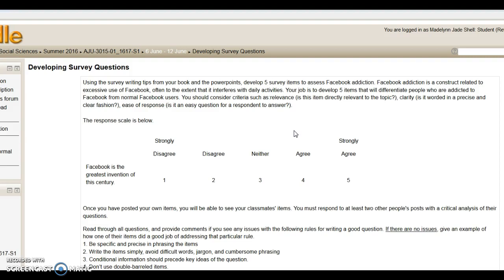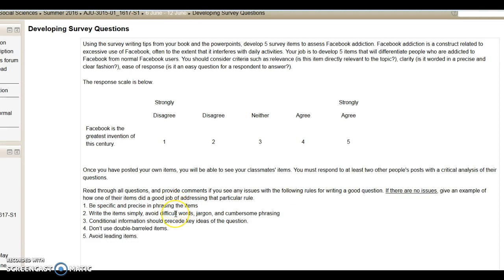For each response, you need to identify either an issue or a place where the person has done a good job addressing each of these 5 points. So you need to make sure that each of your responses lists these 5 items, and you've either identified a weakness or a strength for each of those points.